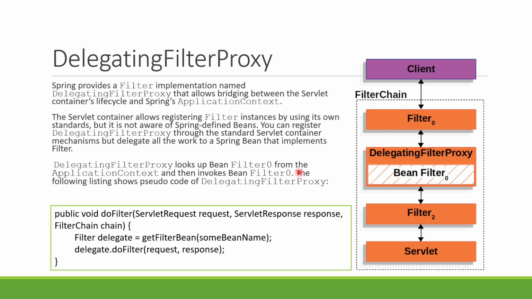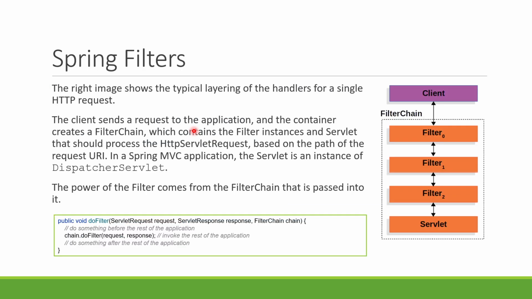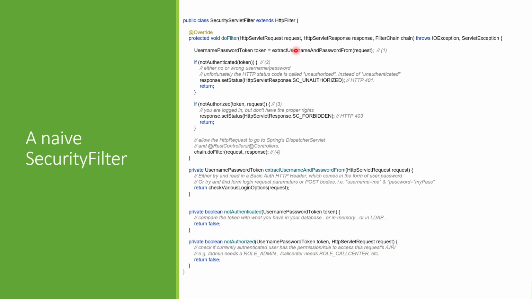And now let's take a look at the delegating filter proxy. So there's a problem. What's the problem? As we know, if we have a class which extends HTTP filter, then this class is going to be instantiated by Tomcat, because Tomcat recognizes HTTP filter, and Tomcat will instantiate it and know it is a filter.